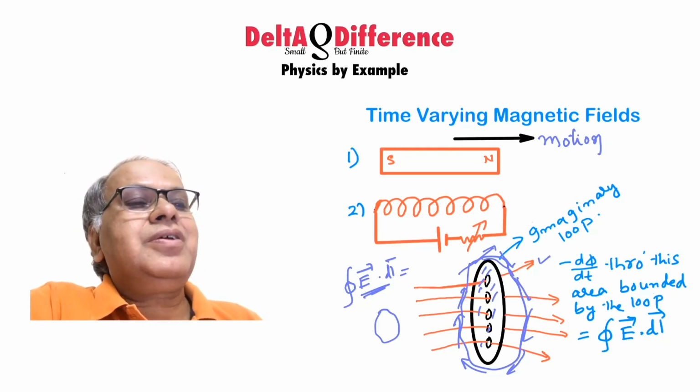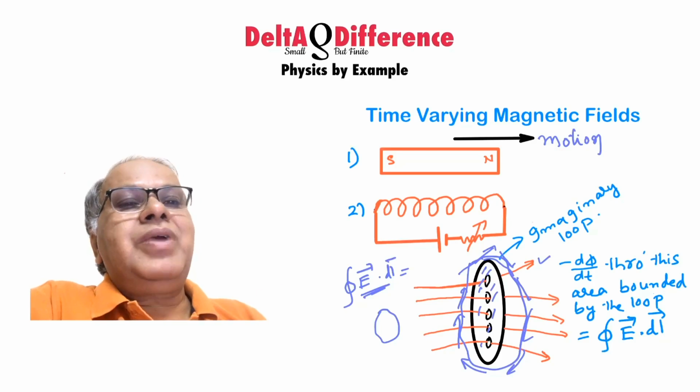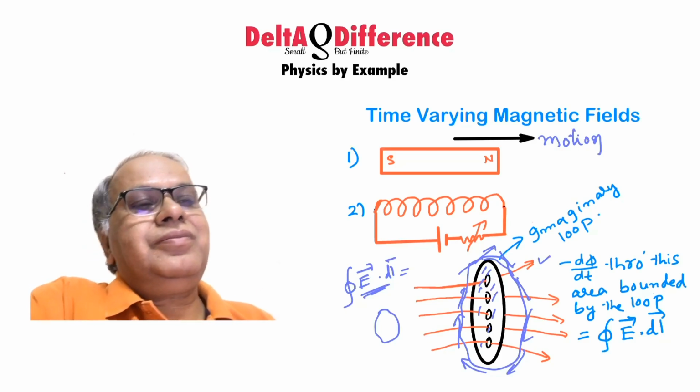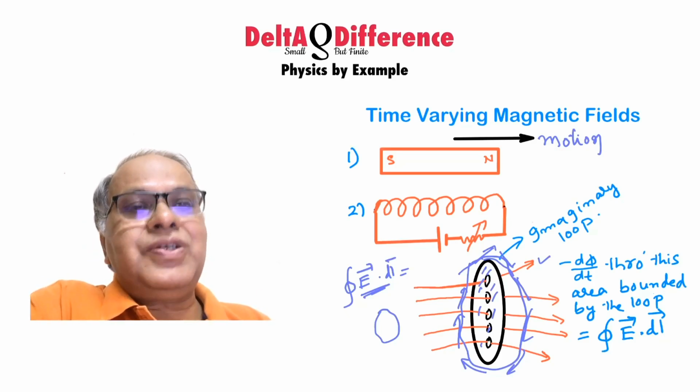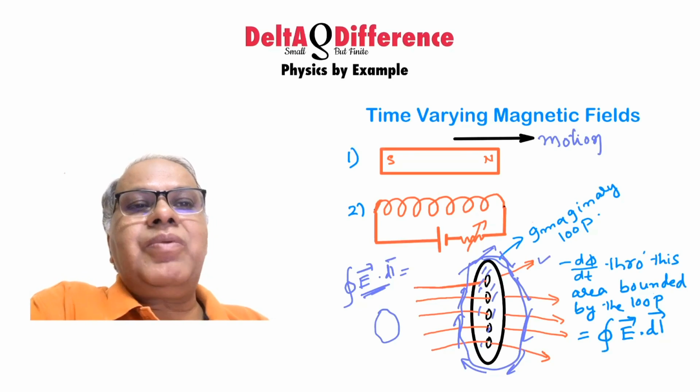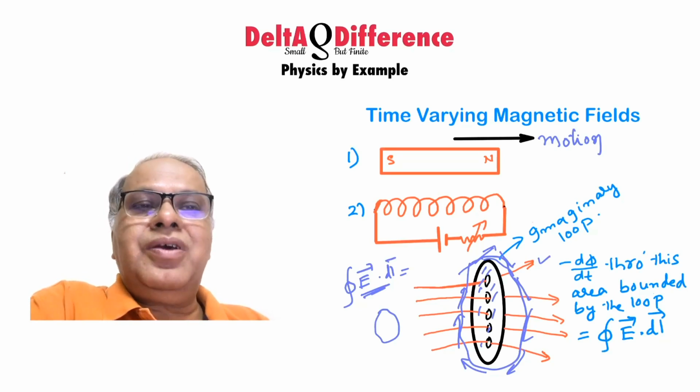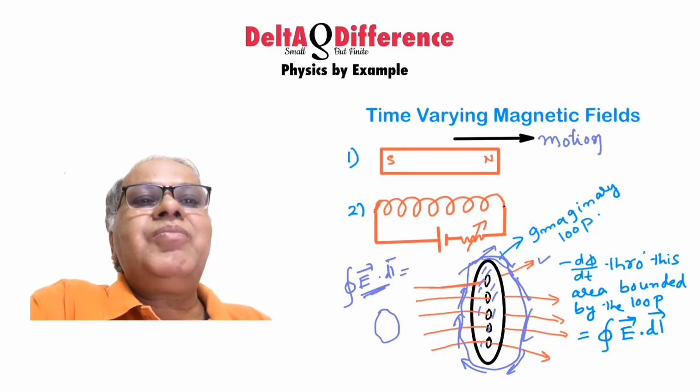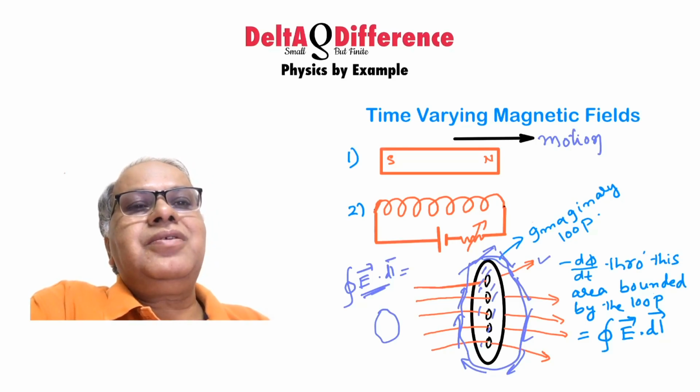I repeat, the work done by this non-conservative field in a closed loop is not zero. If it is the electrostatic field, the electric field formed by electric charges, the work done, the integral of E dot dl, will be zero. Here it's not zero, there is a value for it. But how much is it equal to?